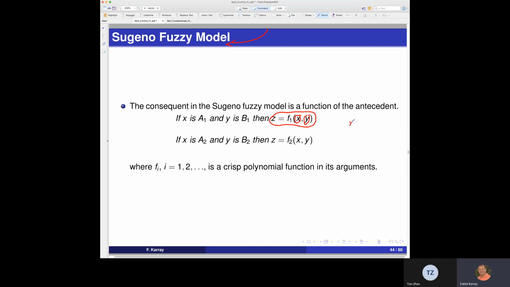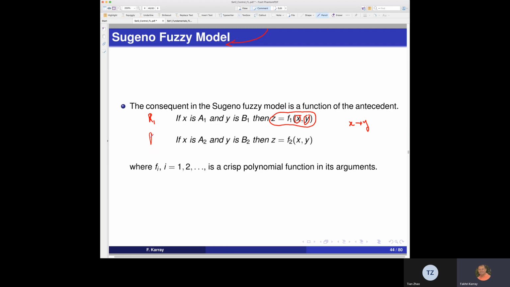The function could be x plus y. It could be x times y. So it's an explicit function. If your output of the system provides you with a representation of your model, then your system is going to be provided in this particular format. So this is rule 1 here.